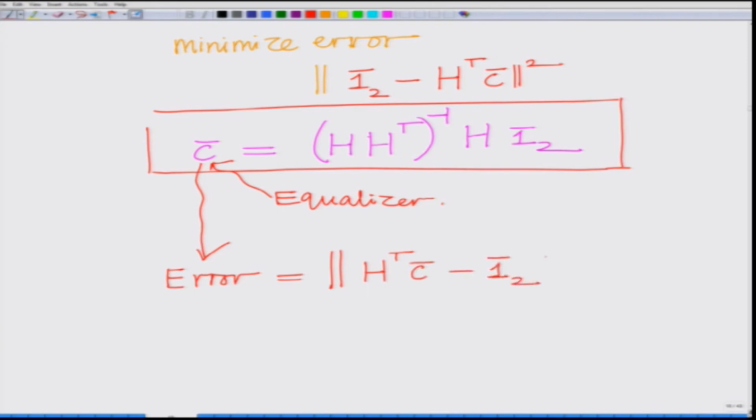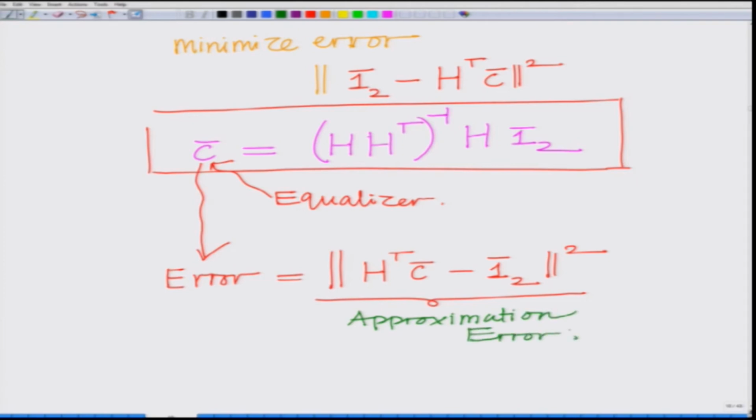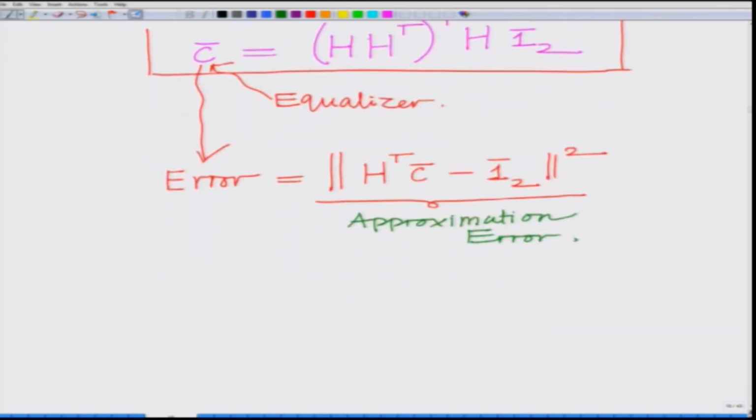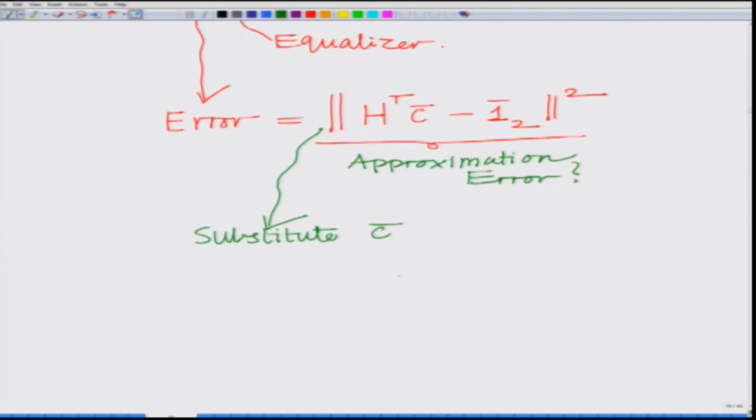So, what is the approximation error? In other words, if we substitute C bar, that is our least squares equalizer, what do we get?